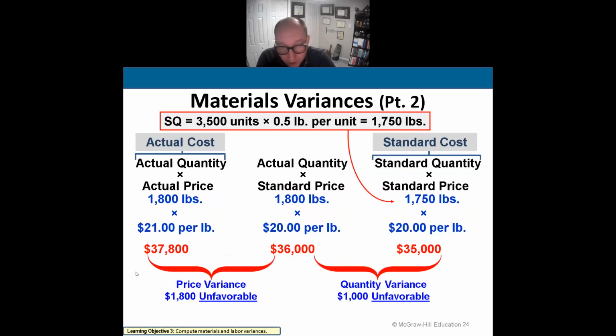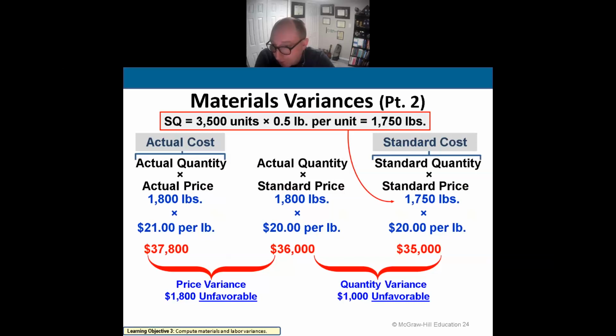Now let's find the price variance and quantity variance. Price variance, $1,800 unfavorable. Unfavorable because my actual was greater than my standard, right? My quantity variance was $1,000 unfavorable.